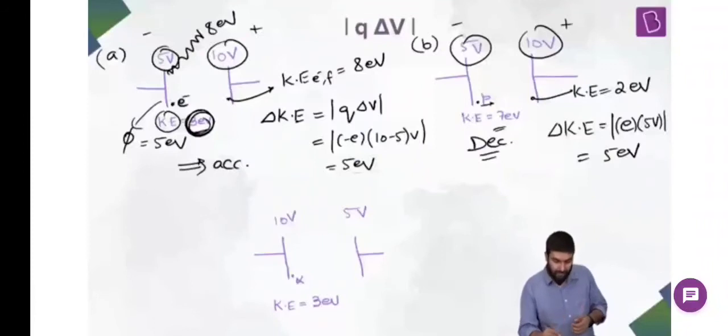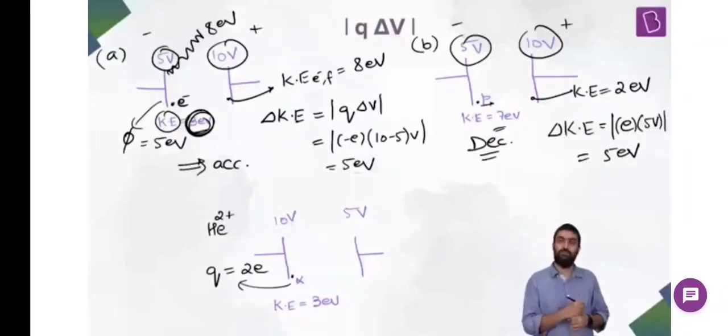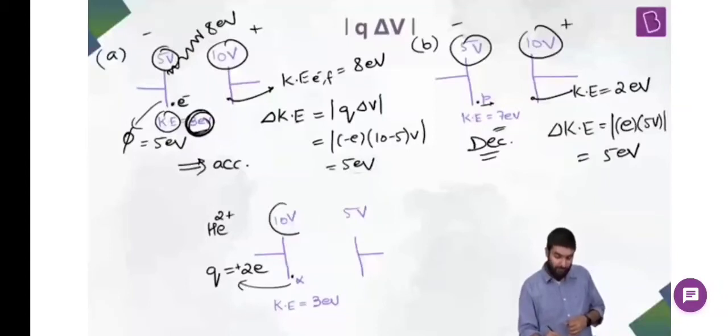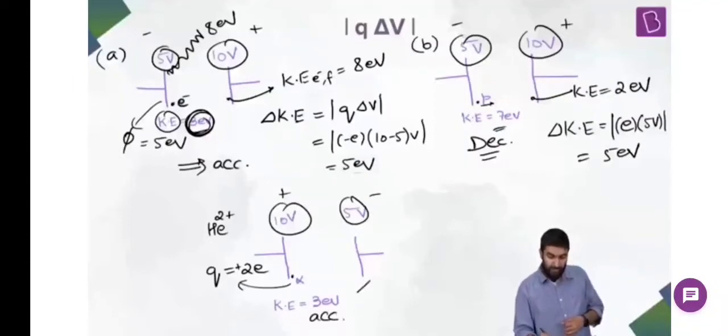Okay. What do we have here? Let's take a look at this. We have an alpha particle. So that means the charge over here is equal to what? 2e. Remember, that is a helium nucleus, helium 2 plus. Remember that? Right? Okay. So plus 2e is the charge here. Now we are going from essentially what? Higher to lower. So this will get accelerated.